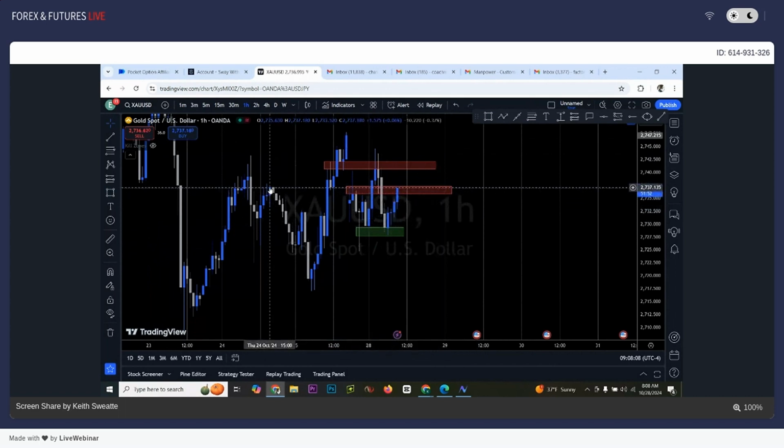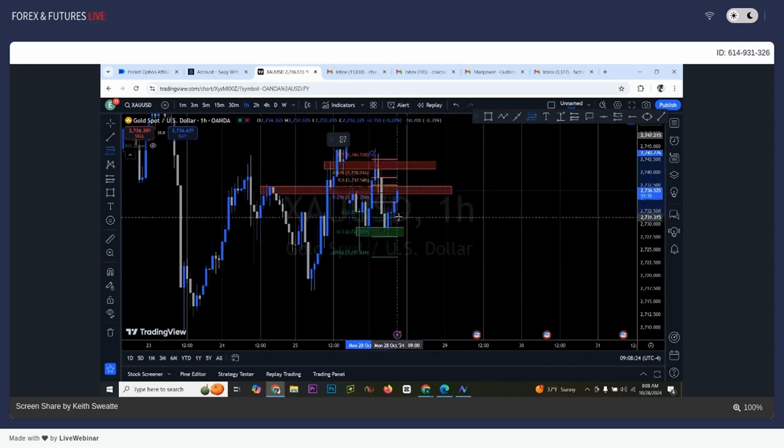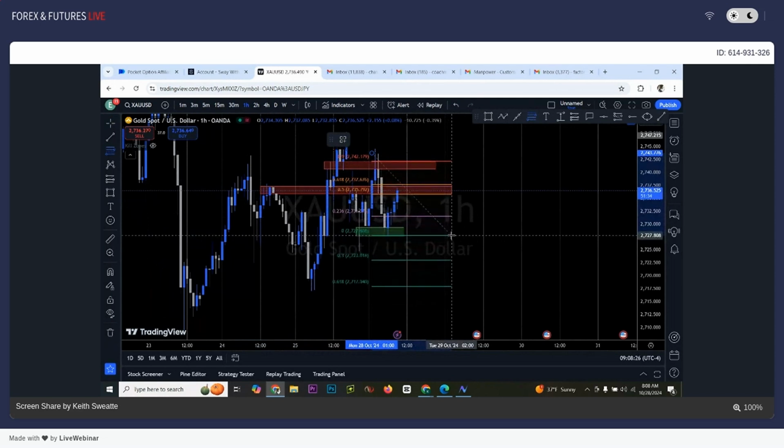Look over here. Resistance, resistance, resistance. So I can check fib-wise and look at what level we're at.